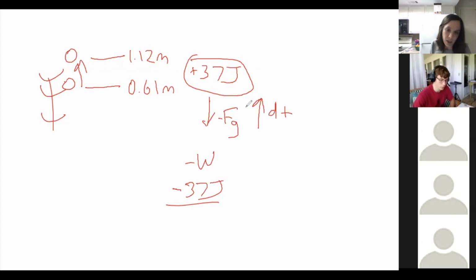And we know that because the force of gravity is downward, the ball is moving upward. And so the ball gained 37 joules of energy, but gravity did negative 37 joules of work because the force is downward as the ball goes upward. Any questions about that?